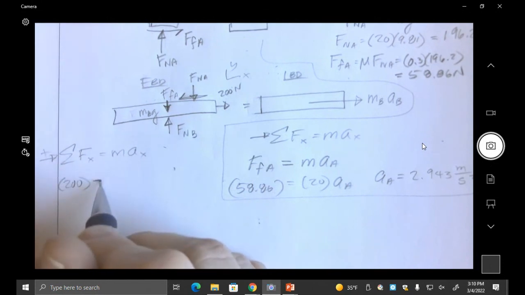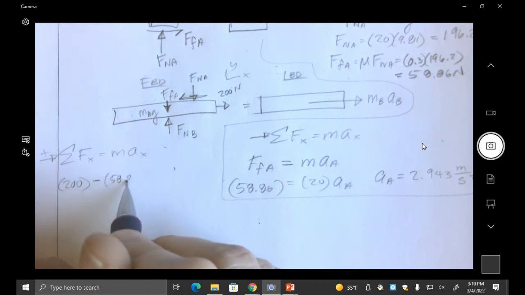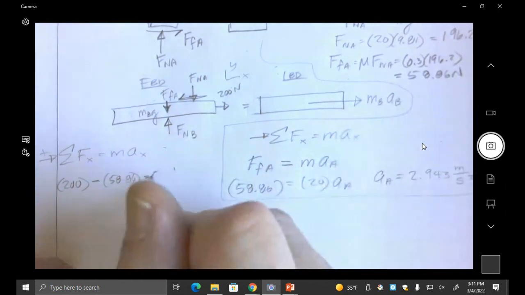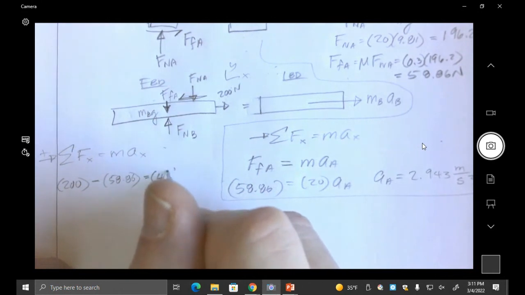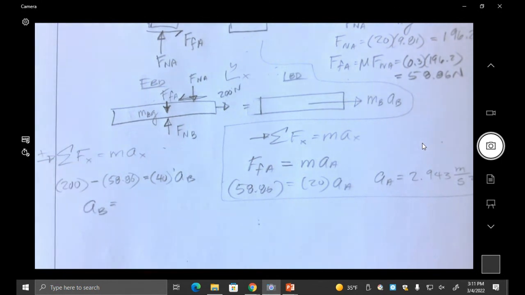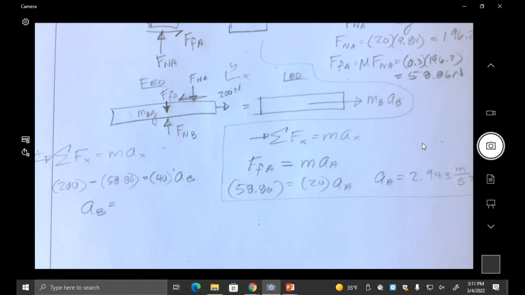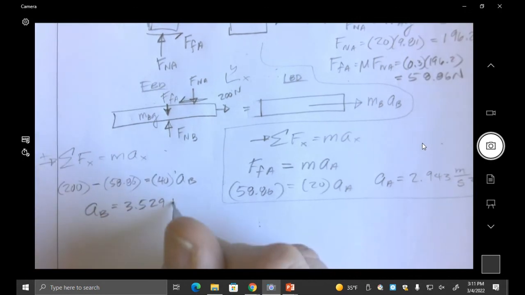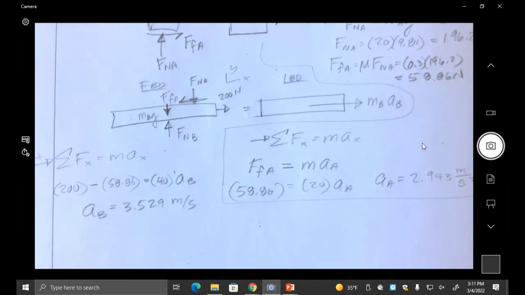So we have 200 minus 58.86 equals the mass, which is 40 kilograms, times the acceleration of B. So the acceleration of B is going to be 200 minus 58.86, divided by 40, and we should get 3.529 meters per second squared.